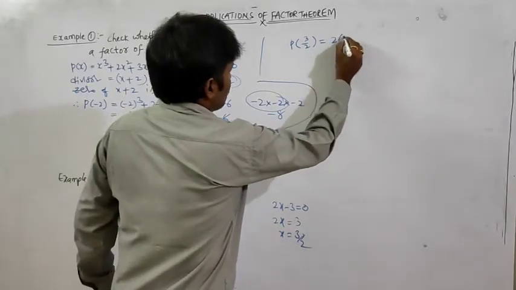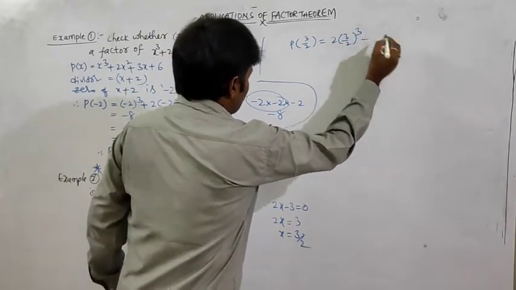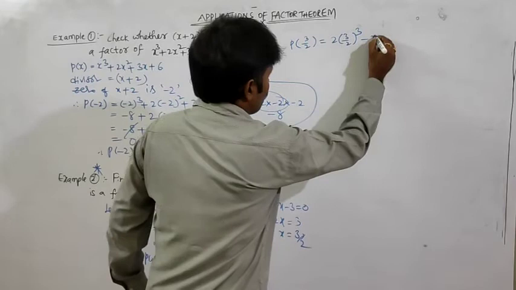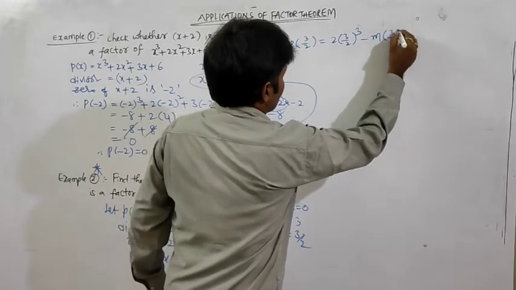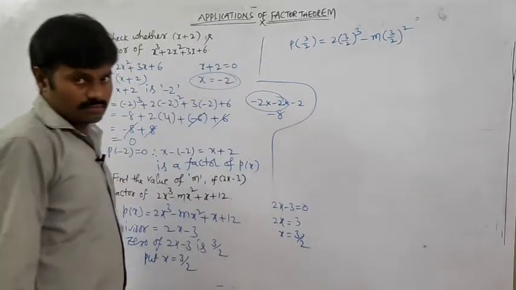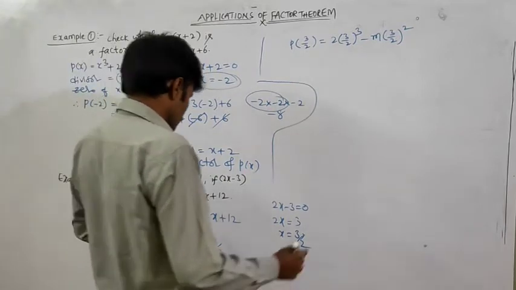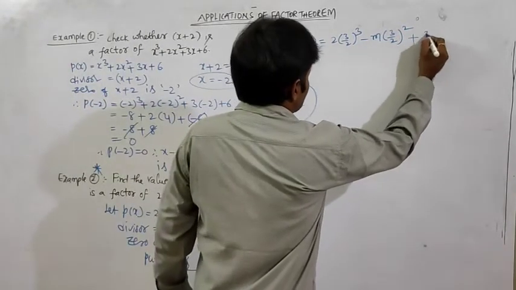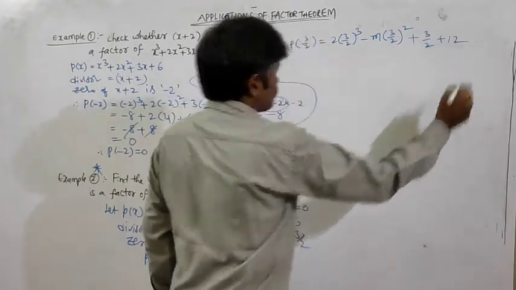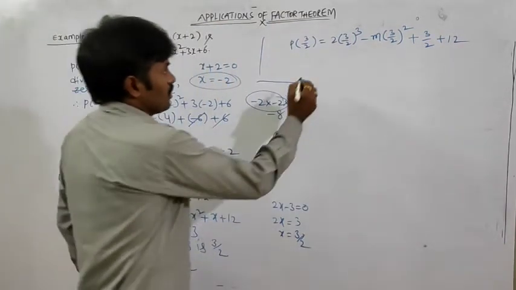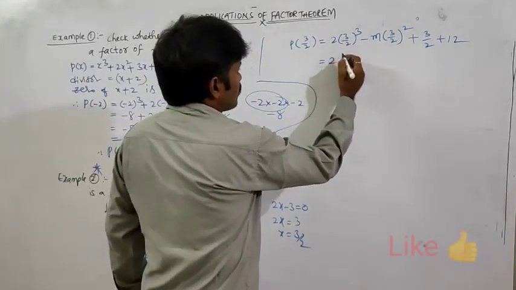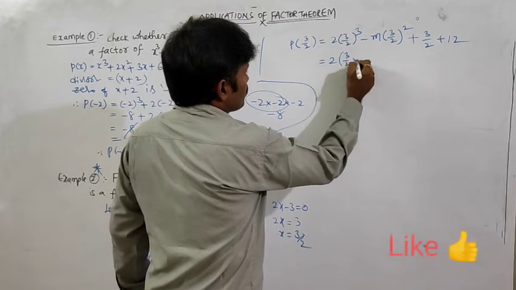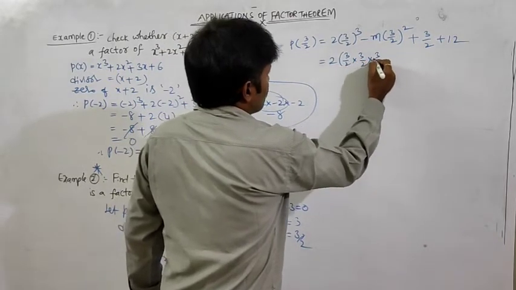2 into (3 by 2) whole cube minus m into (3 by 2) whole square plus 3 by 2 plus 12. Okay. Now 2 into (3 by 2) whole cube, that is 3 by 2 into 3 by 2 into 3 by 2, three times you have to multiply it by itself.